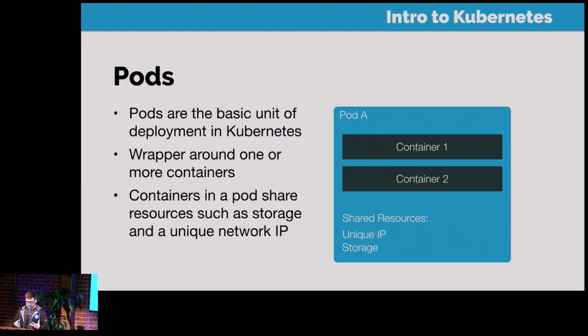And containers inside of a pod share a bunch of resources like storage and a unique IP address. Now, sometimes you'll want more than one container inside of a pod, but more often than not, you can just think of a pod as a wrapper around a single container, because you'll usually just be deploying a single container inside of a pod. So that's one of the key pieces of jargon that you need to learn for working with Kubernetes, is that you deploy pods.